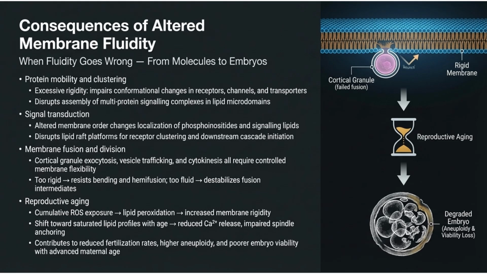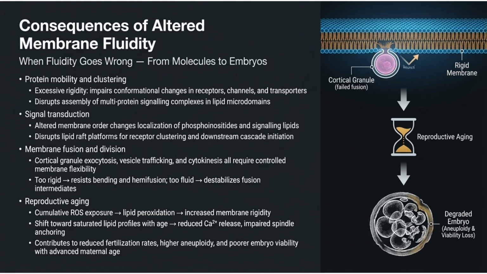Signal transduction more broadly is sensitive to membrane order because key signaling lipids, including phosphatidylinositol 4,5-bisphosphate, are concentrated at specific membrane locations, and their availability and activity depend on the physical state of the surrounding bilayer. When that physical state is altered, the spatial logic of signaling is disrupted, with downstream consequences for every pathway that relies on membrane-associated signals.